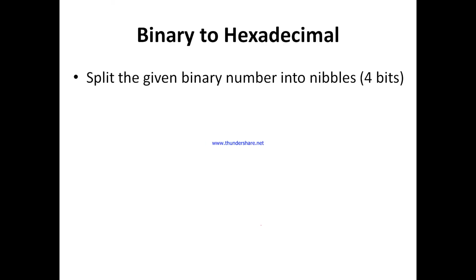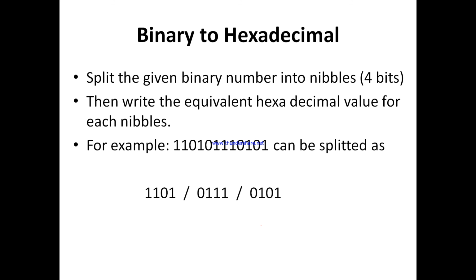For example, if a number is given, 110101110101, you have to split this number from the right hand side into 4 digits. So first is 0101, then 0111, then 1101.